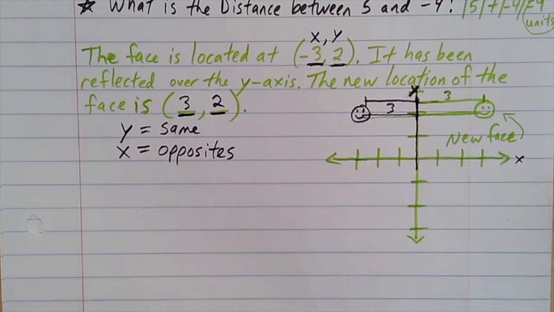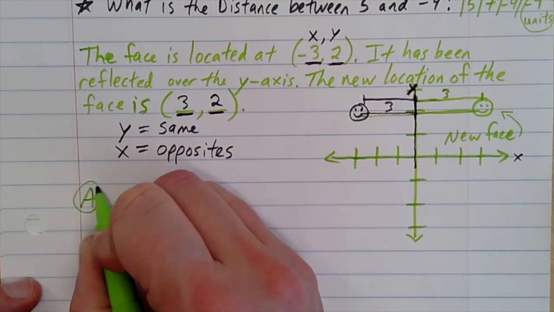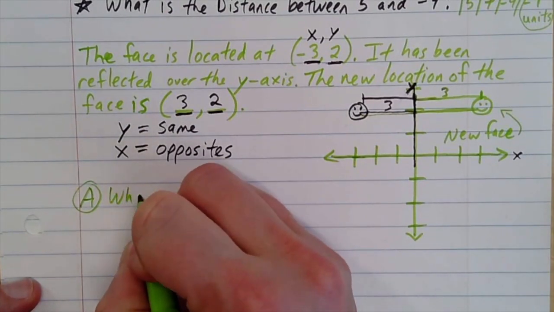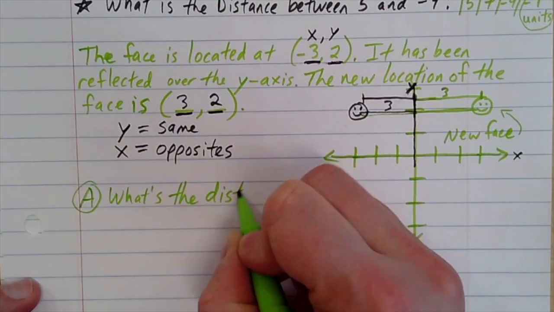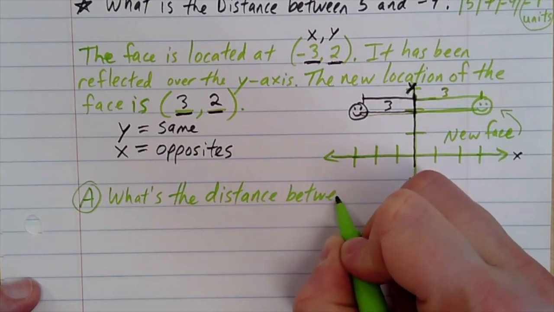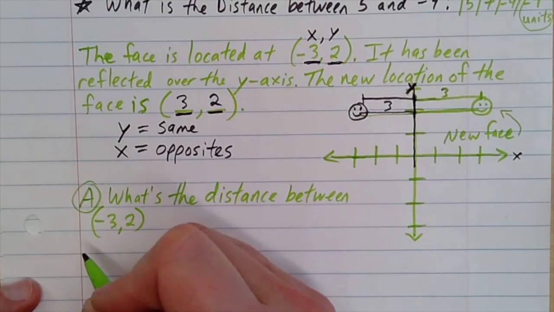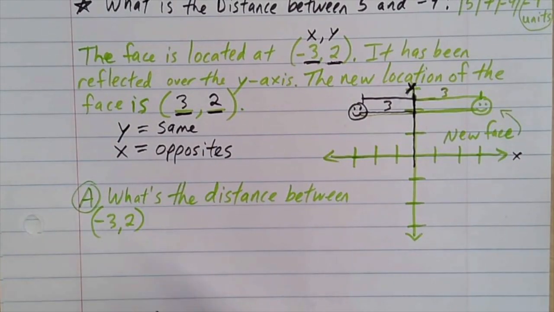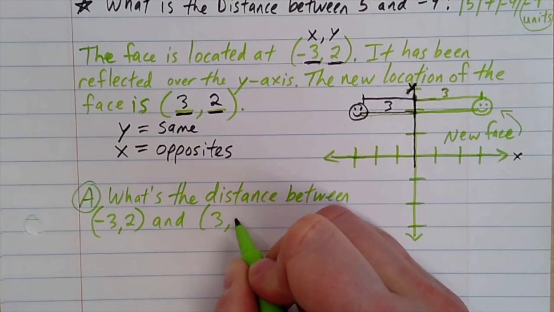Continuing on, the question that goes with this one, A says, what's the distance between -3, 2 and 3, 2?